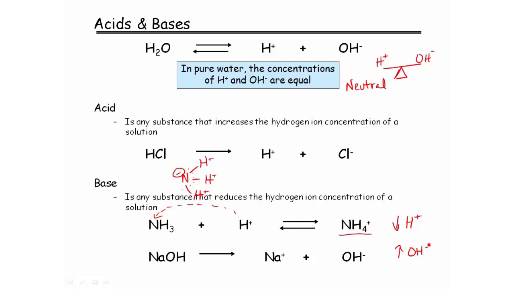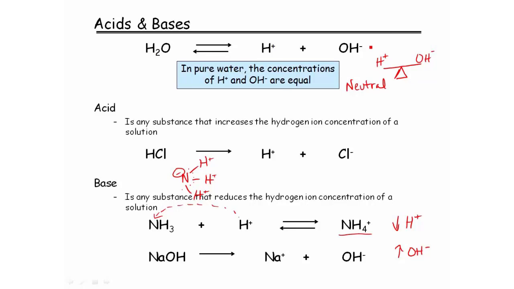If the hydroxide ion concentration goes up, or if we add hydroxides to solution, then it will also tilt the scale in that direction. So sodium hydroxide tends to fall apart into a sodium ion and a hydroxide ion. This will increase the amount of hydroxides that we have in solution compared to the hydrogen ions.